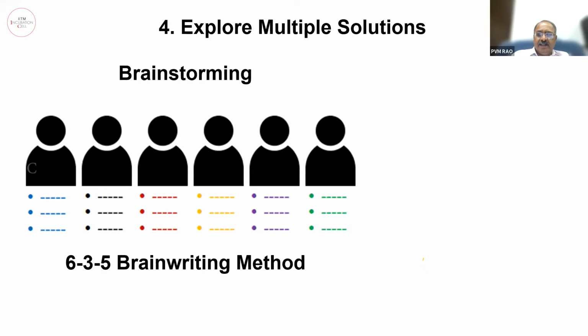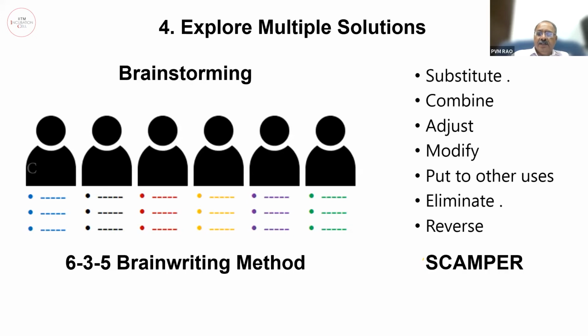Another very interesting tool which people use is that when you pick a solution, instead of rejecting, you say either I'll do a substitution, or I'll combine 2 solutions to get a third one, or eliminate a certain feature of a solution to improve it. Or substitute could be a possibility.